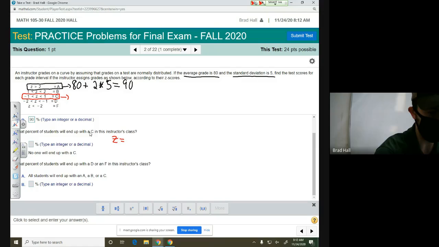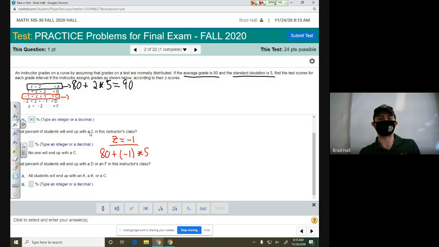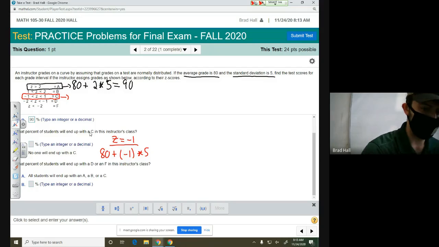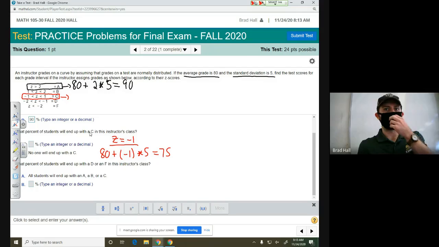When the z-score is -1, this means you take the average, and we're multiplying the standard deviation by -1. We're adding the standard deviation -1 times, in this weird kind of wording. But really all this refers to is 75. A z-score of -1 means we're 1 standard deviation below the mean.